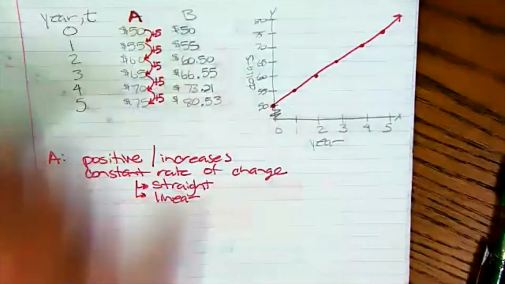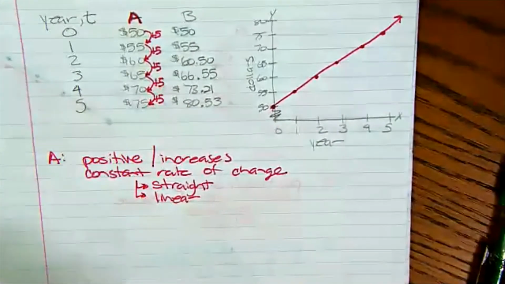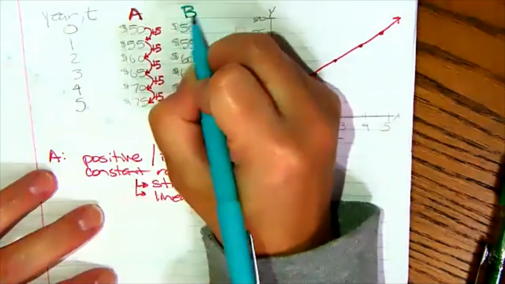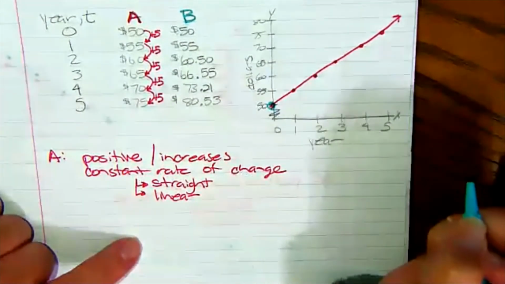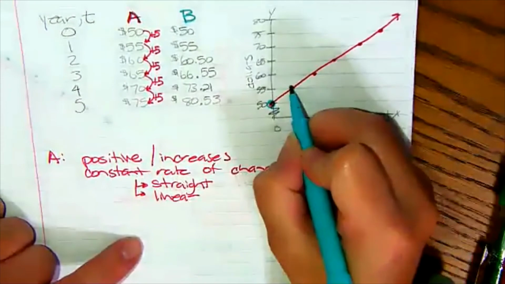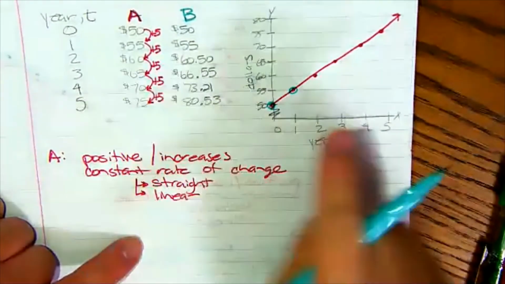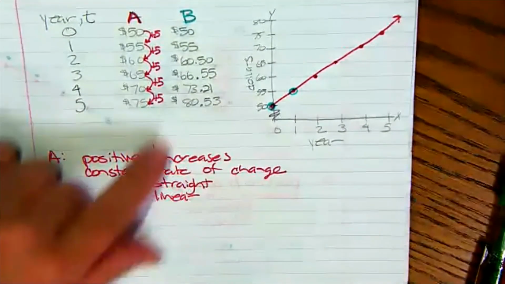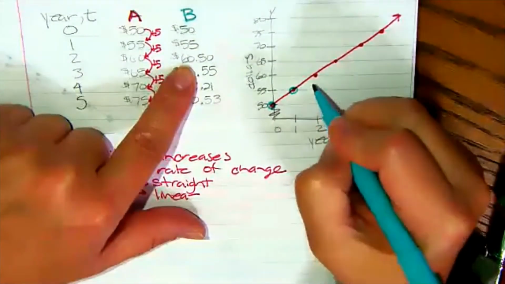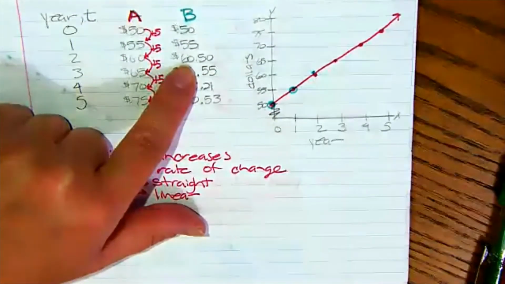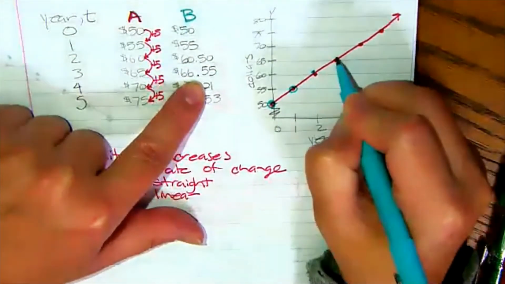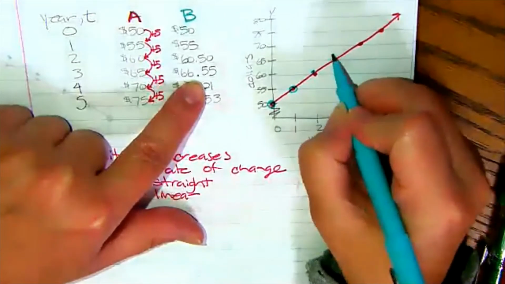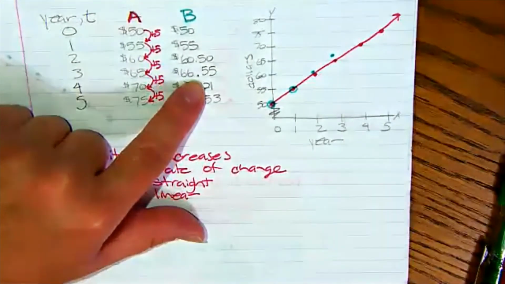Now let's graph the second account, account B, compound interest. So we're starting with $50. And after 1 year, we have $55, just like account A. But now, after 2 years, we've got $60.50. Not that big of a deal. After 3 years, we've got $66.55.